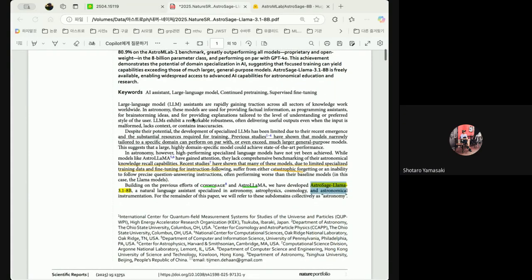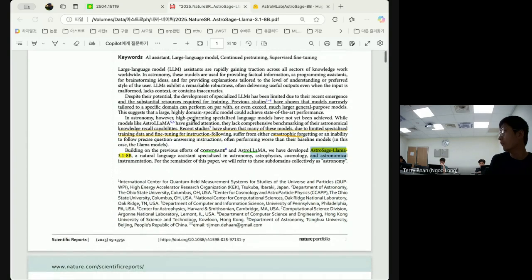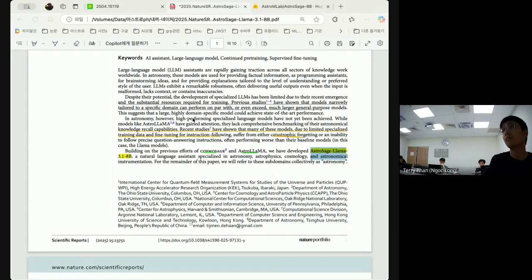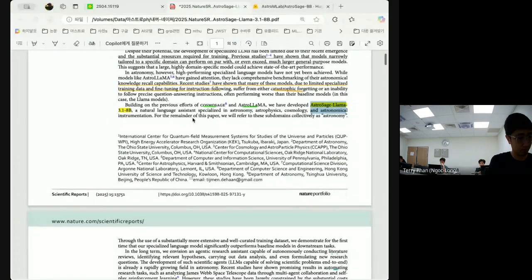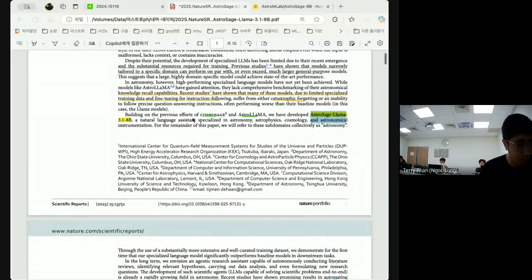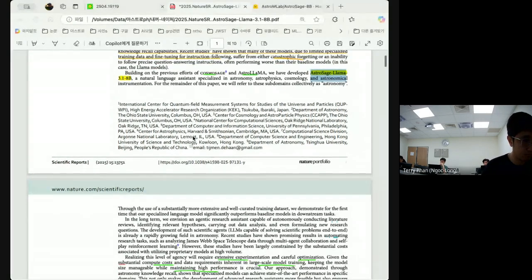As you know, there have been many large language models like ChatGPT-4, Gemini, Llama, Grok. These general LLMs can be used for many different multi-purposes, but they may lack deep knowledge in specific fields like astronomy.